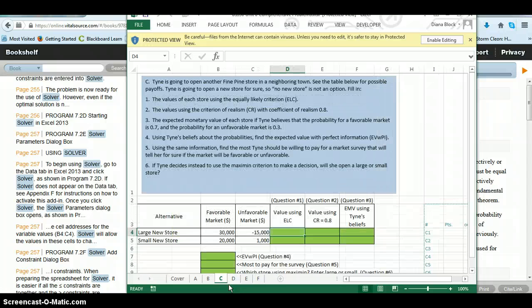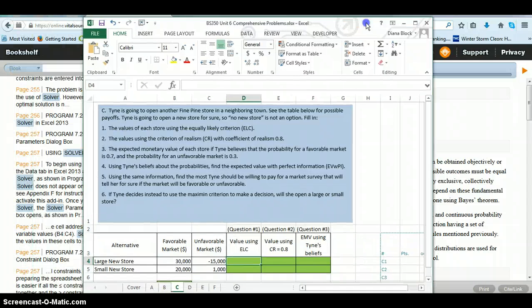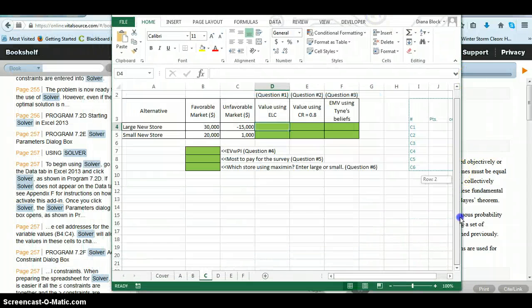So then let's look at problem C. Problem C, we're going to calculate expected monetary value, criteria of realism, expected value with perfect information. So what you're going to remember is that we discussed this in chapter 3, and we did homework problems similar to this before.